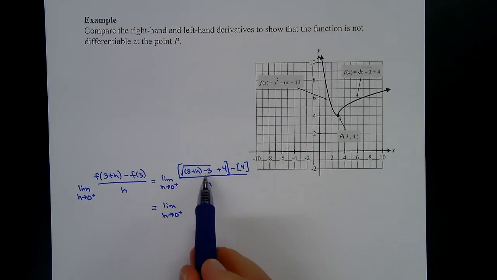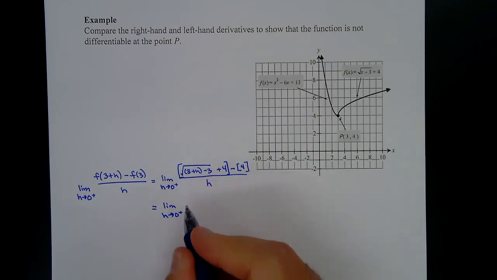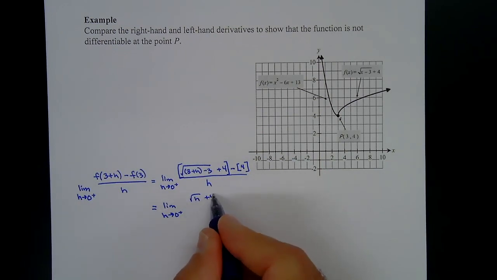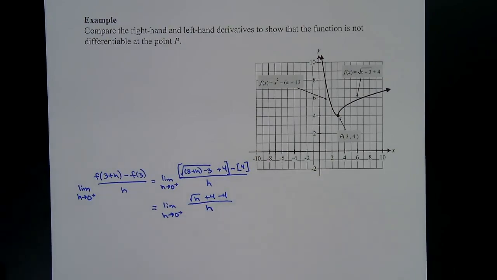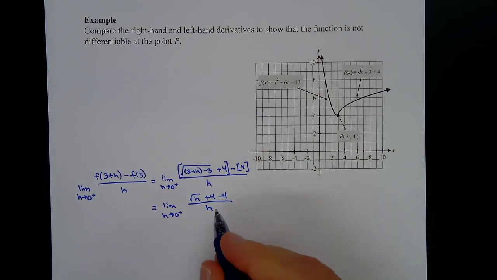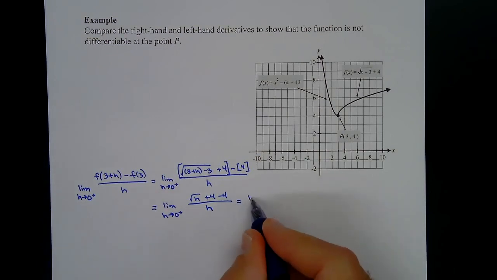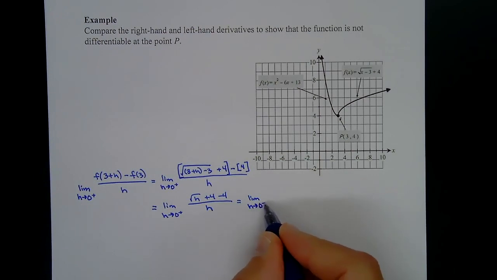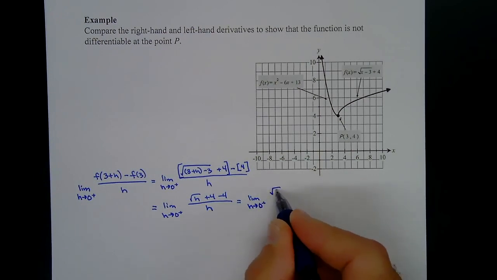Well, right in here under the square root, that would be 3 plus h minus 3, or just the square root of h. And then we have plus 4, and then we have this minus 4, all over h.